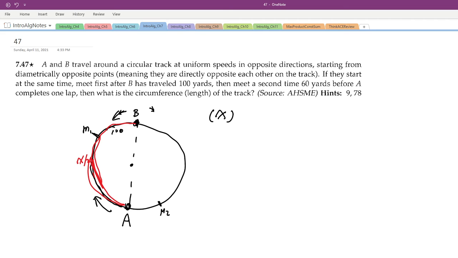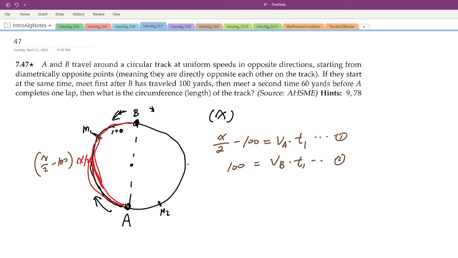Now let's see, in their first meet, they travel the half arc, half of the circumference. So x/2 minus 100 yards is where A travels, and the 100 is where B travels. Now we can set up the equation: half of the circumference minus 100 yards is A's speed times the first meet time, and the 100 yards is equal to B's speed times the time that B used in the same period.